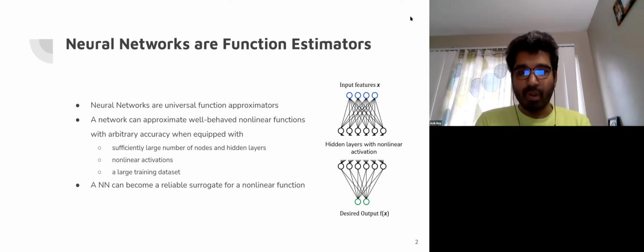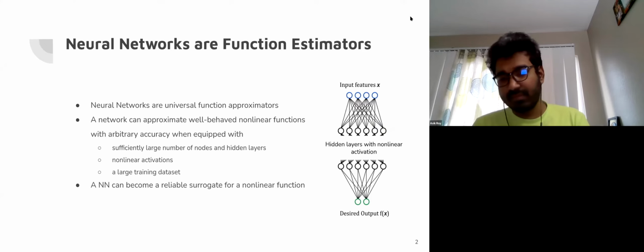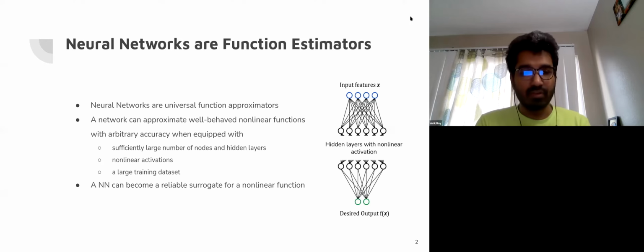One of the main reasons is that it has been theoretically proven that neural networks are universal function approximators. A typical neural network, like a multi-layer perceptron, has a set of input features followed by hidden layers with nonlinear activation that eventually give you the desired output.